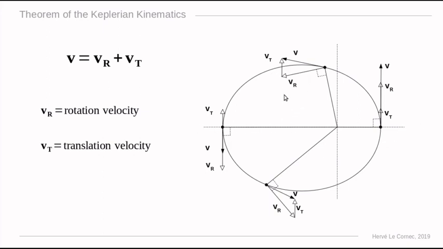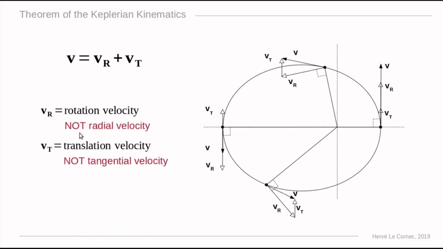Note that the rotation velocity Vr is always perpendicular to the vector radius. Here at the periapsis, Vt and Vr have the same direction, so the resulting velocity is maximum. And on the contrary, at the apoapsis here, Vr and Vt are of opposite directions, so V is minimum.